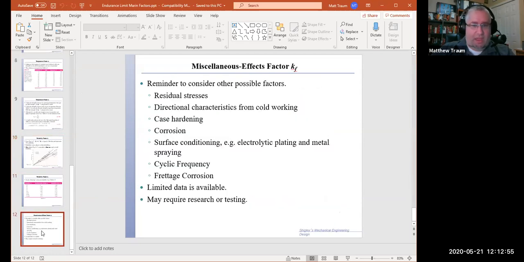And then the miscellaneous factor here, which I guess we've got to look up in the book because I'm out of slides. Okay, so that's endurance limit and the SN diagram.